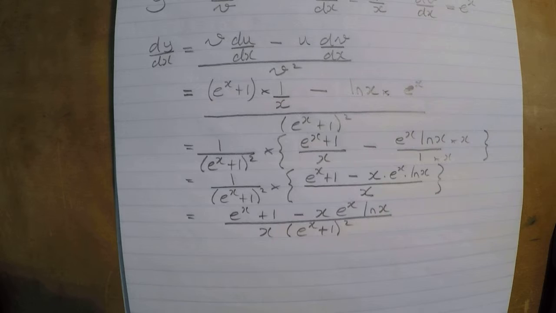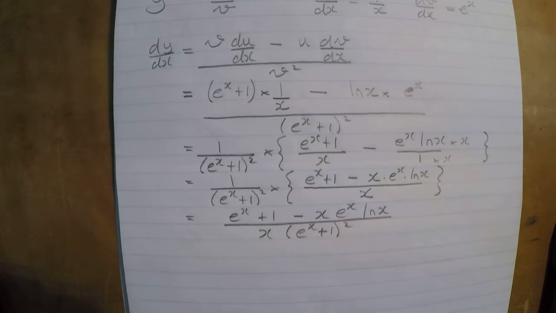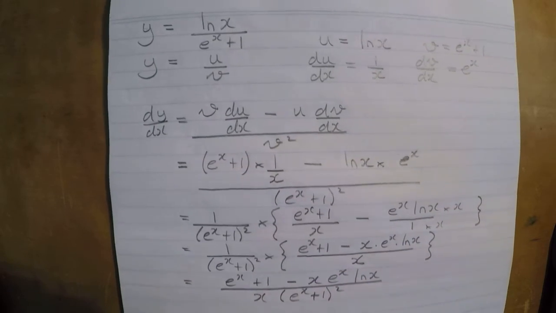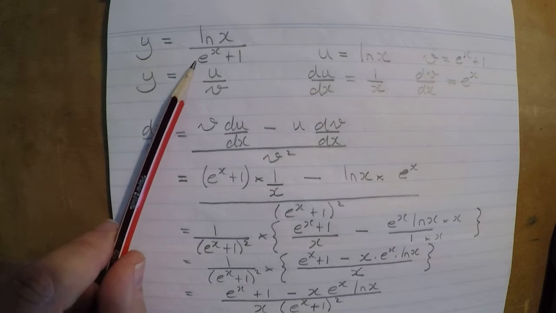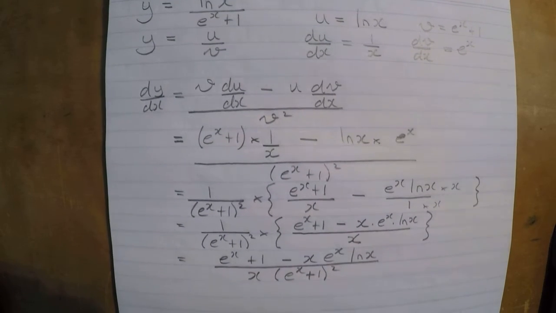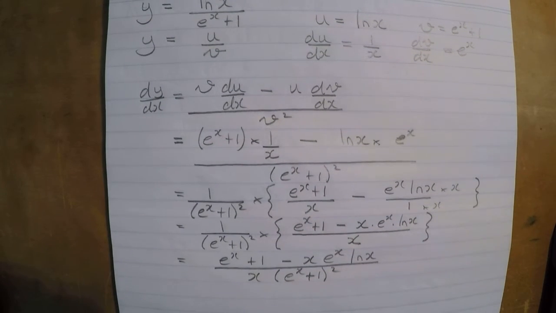And that's a pretty good place to stop. There is our derivative of the original function, which was y equals ln of x over e to the x plus 1. Good example of using the quotient rule with logarithmic and exponential functions.